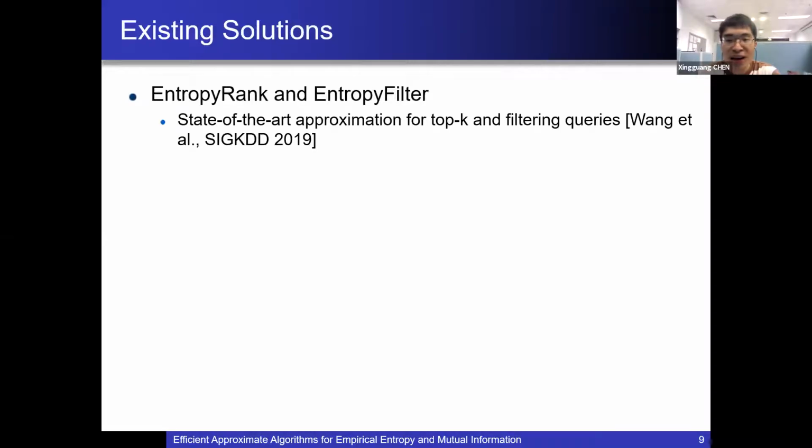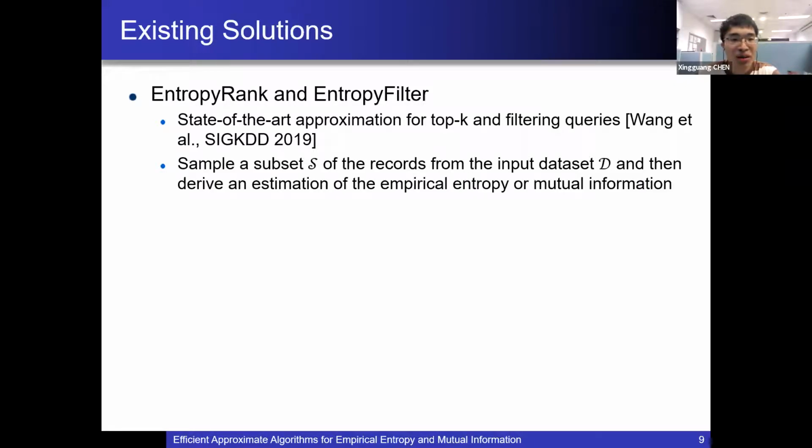The state-of-the-art sampling-based solution is proposed by Wang et al. Their main idea is to sample a subset S of the records from the input dataset D and then derive an estimation of the empirical entropy or mutual information. They solve some challenging problems.